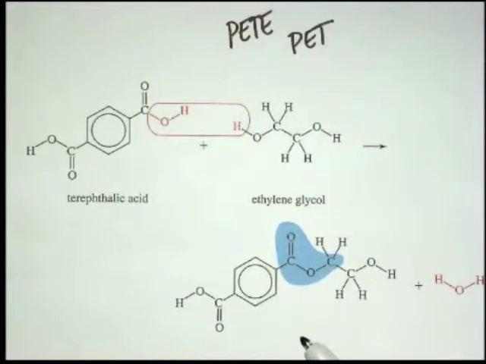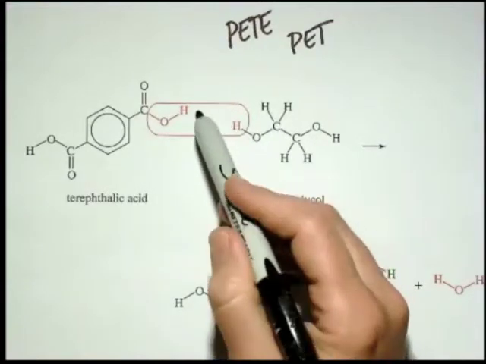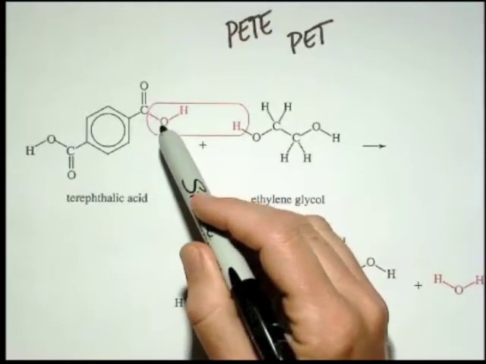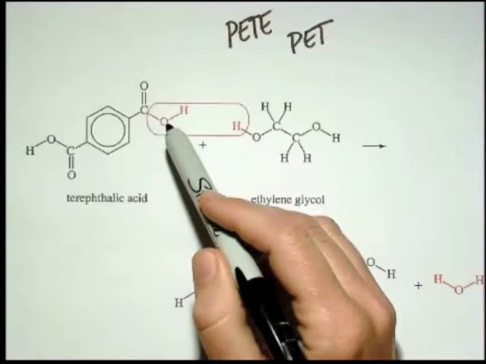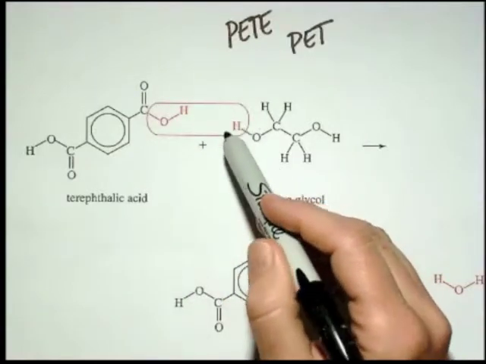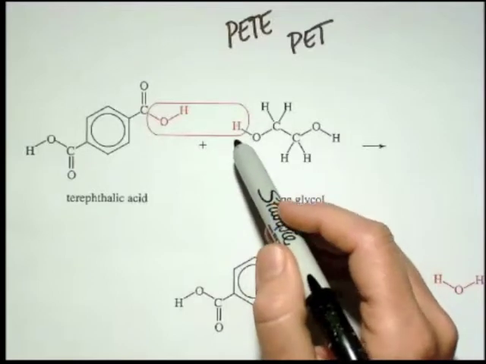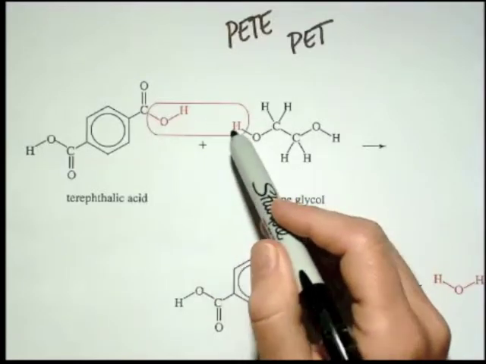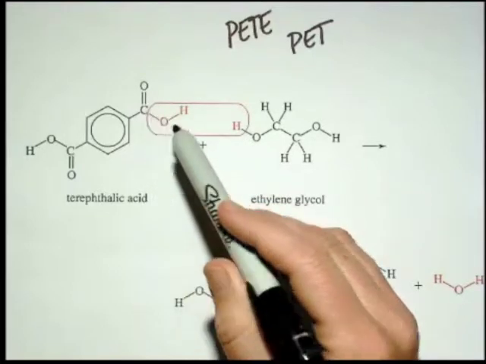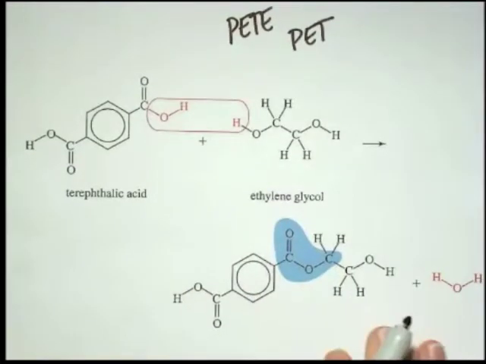The way this condensation reaction works is, of course, the OH from the carboxylic acid functional group splits off and binds with the hydrogen from the hydroxyl alcohol group, and together it forms water, leaving this oxygen free to bind to that carbon. And so we form an ester.